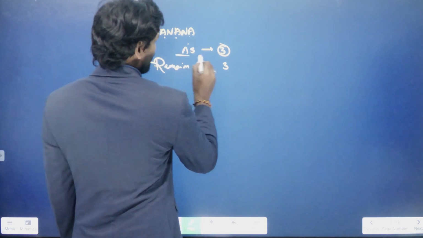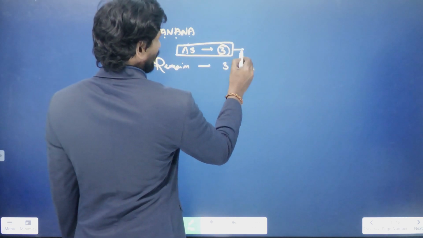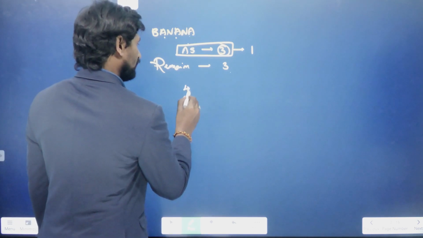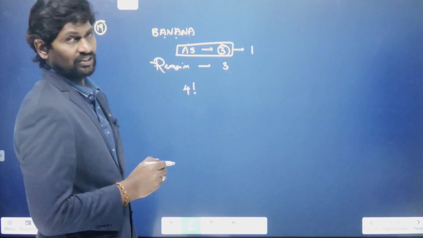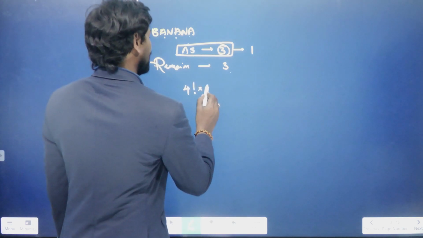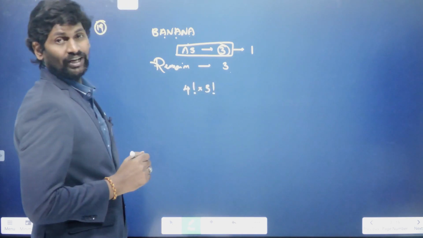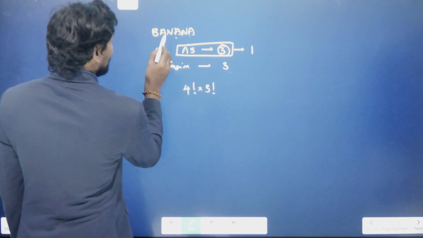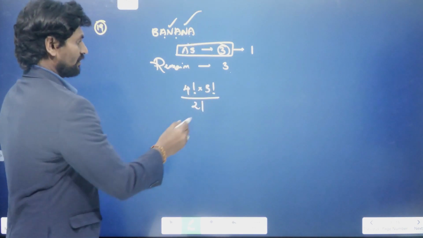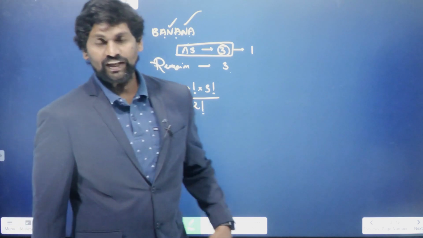All the A's together are taken as one unit, plus the 3 others makes 4. These 4 can be arranged in 4 factorial. In this, the N is repeated, so divide by 2 factorial. Within the A unit the 3 A's can be arranged in 3 factorial. So 4 factorial into 3 factorial by 3 factorial by 2 factorial will be our required answer.